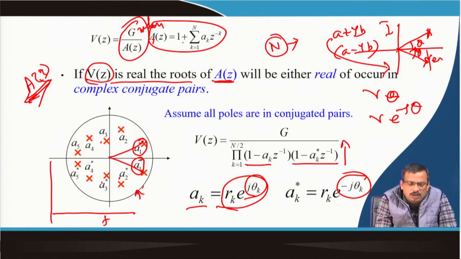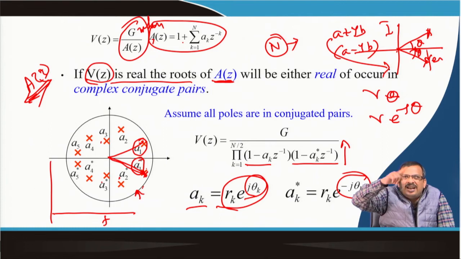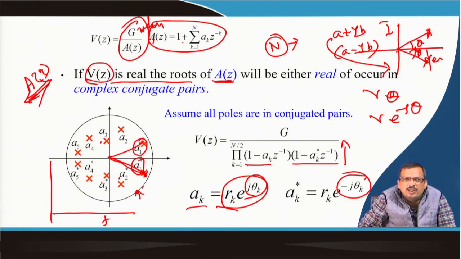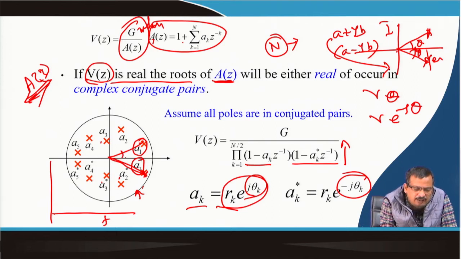Similarly, here also from the pole position, the pole which is close to the unit circle basically gives you a resonance frequency. So, each pole corresponds to a resonance frequency, which in speech applications is called a formant. So, theta and minus theta both have the same frequency, e to the power j theta is related to the frequency.